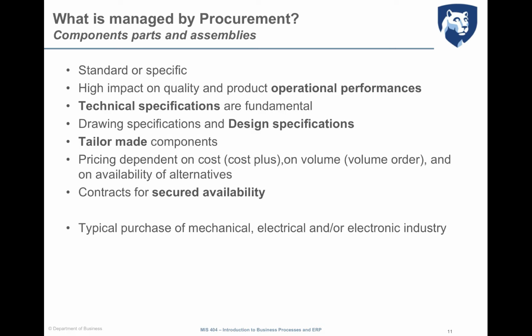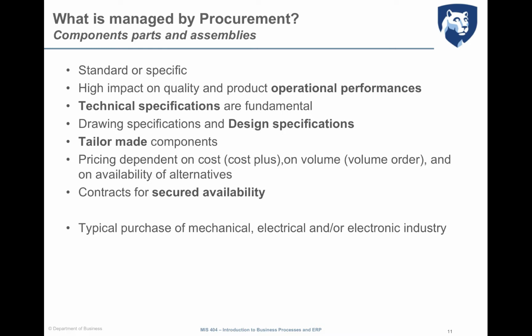Then we have components, parts, and assemblies. Of course, they can be standard or specific, but they are all the goods that companies need to integrate directly in their product. Like touch screen glass for a mobile phone, keyboards for laptops, or tires for automobiles.